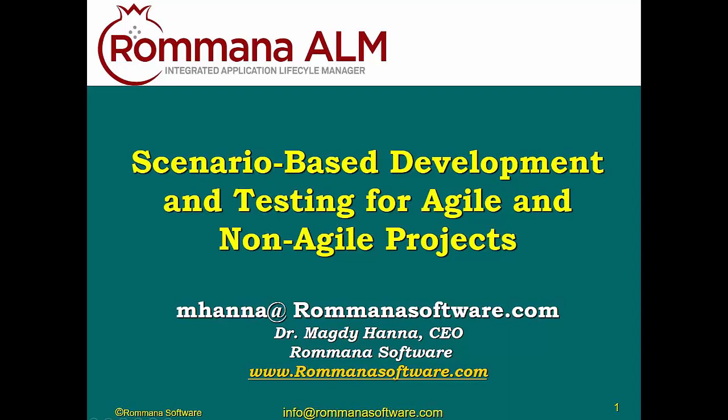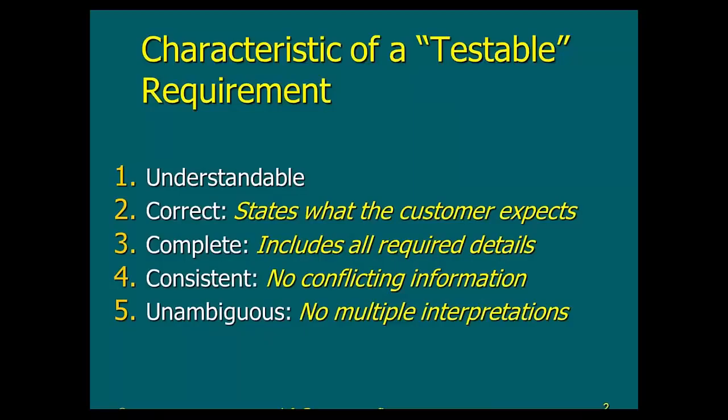All right, to start, if we were to look at what is important for a requirement or a user story to test, in order to be able to take a requirement or a user story and use it for development and for testing, very briefly, you probably know this already, a requirement or a user story must always satisfy these 5 essential conditions.